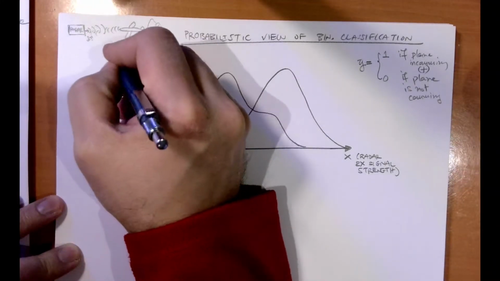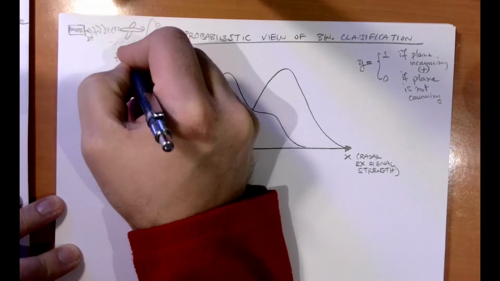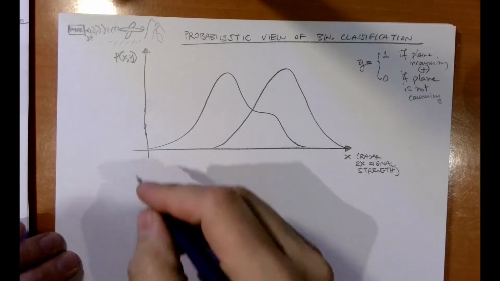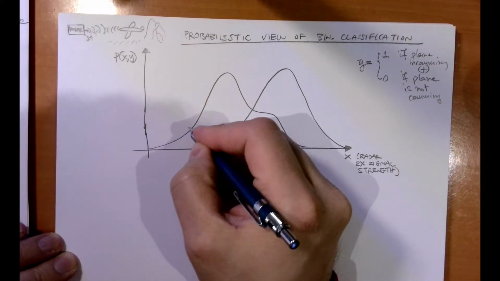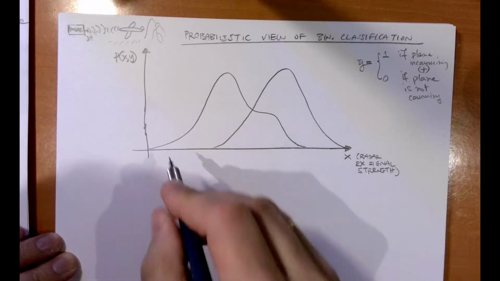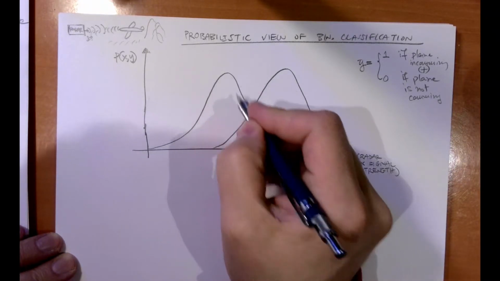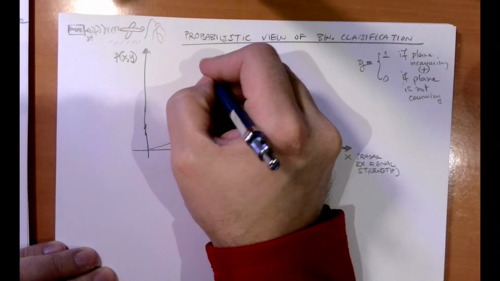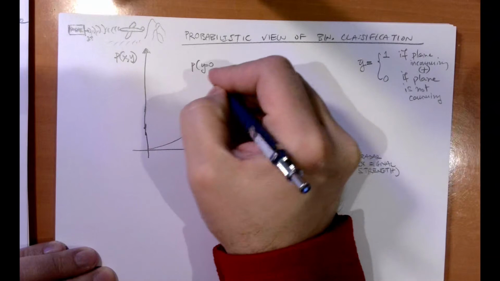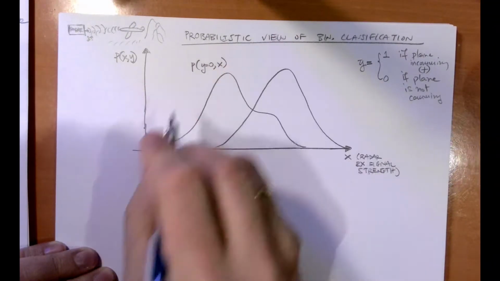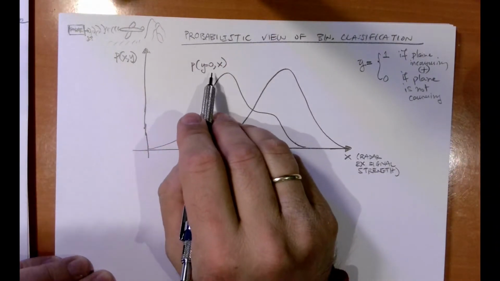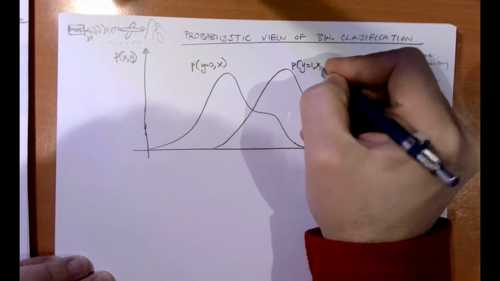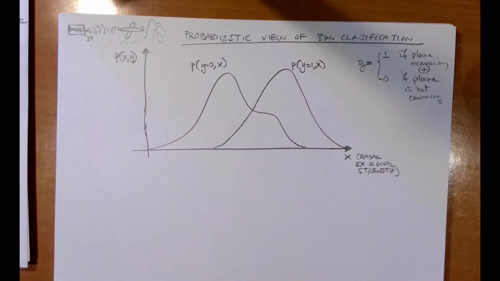I would like to call this y-axis p of x comma y, because effectively we have a multimodal distribution of signal strength, and this multimodal distribution has two components. When a plane is not coming, we can call this component p of y equals 0, x, and when the plane is coming, we can call it p of y equals 1, x.